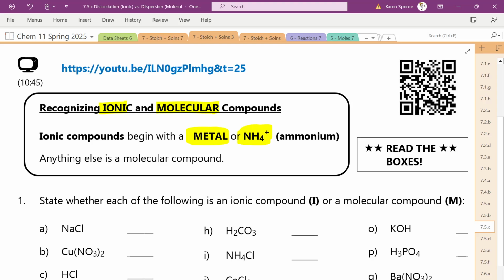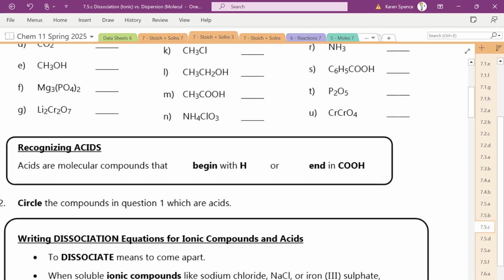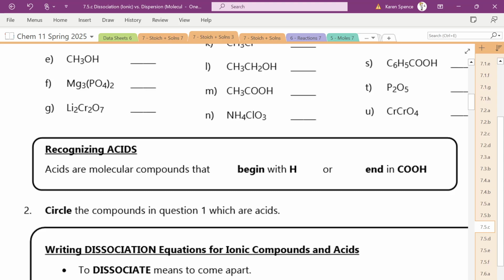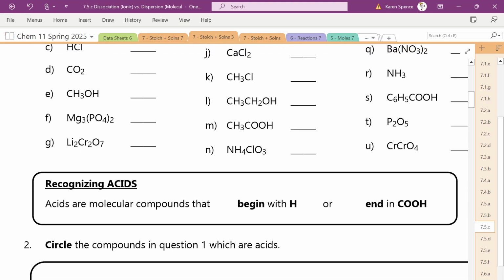You're going to write an I and an M. Step 2, you are going to recognize acids. So you're going to go back to question number 1, and you're going to pick all the molecular compounds that begin with an H or end in COOH, and you're going to circle those compounds in question 1, which are acids.